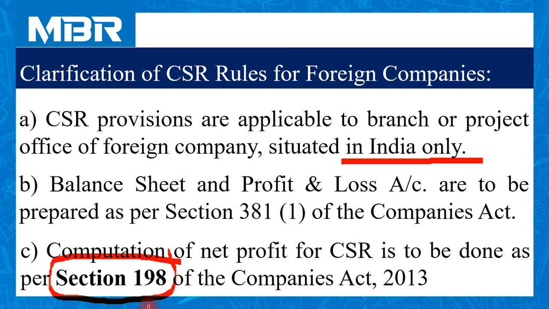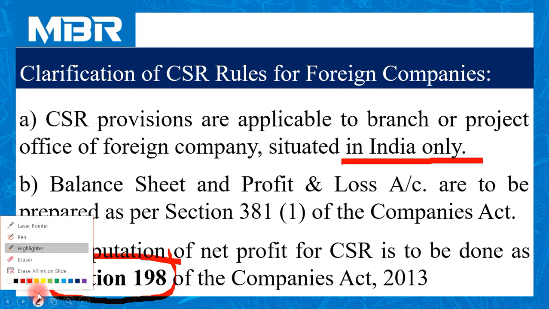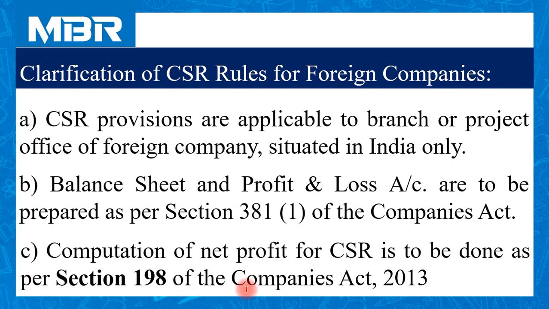So as far as the calculation of net profit for CSR is concerned, it is explained under section 198. It is necessary to remember this section in order to answer the conceptual question in any public examination related to commerce and accountancy.